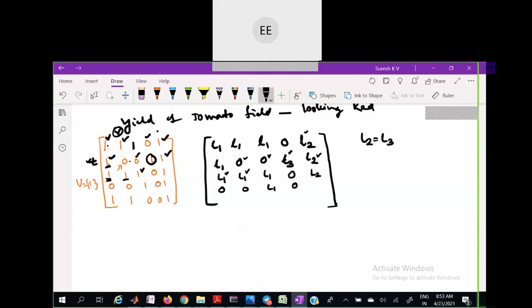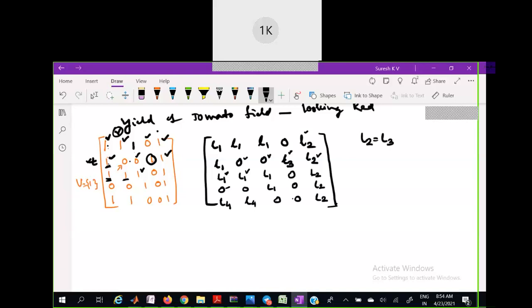This is 0. This is L2. Now when I come here, this is not labeled, so this should be given a new label. L3 is already assigned, so this has to be L4. This has to be L4 because they are neighbors. This is 0, 0, and this should be L2. Is this labeling clear? One pass we have completed.